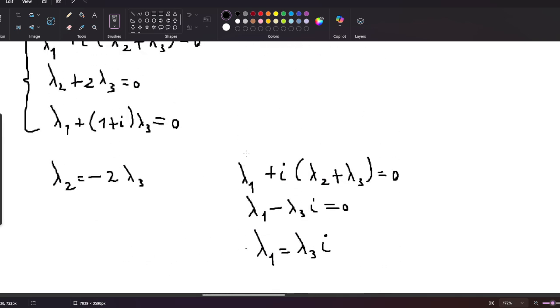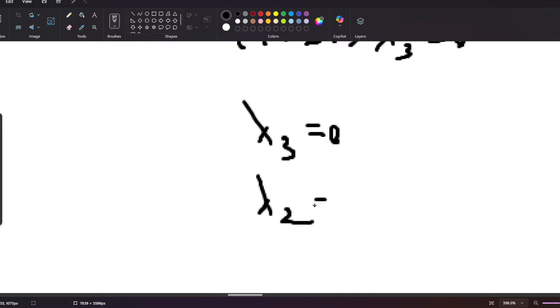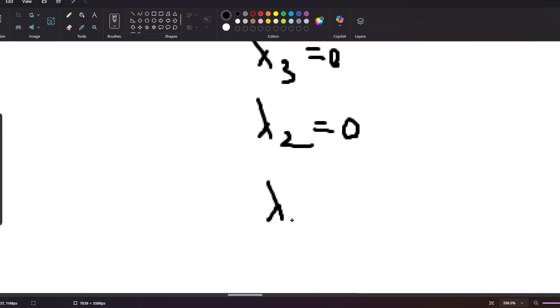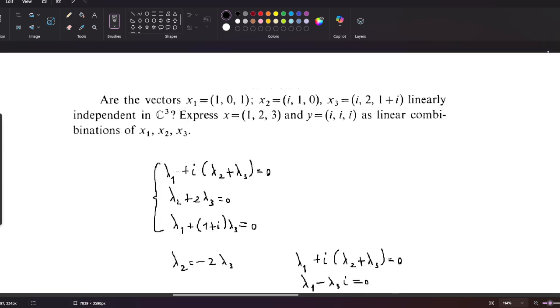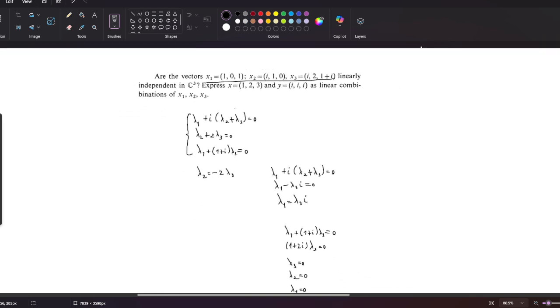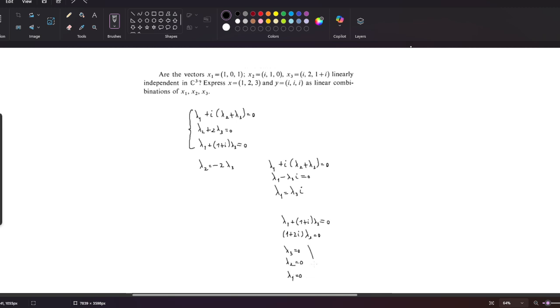And since the rest of the lambdas are just factors of it, they are also going to be 0. So we have proven that the linear combination of these vectors being equal to the zero vector implies that the coefficients are all 0, therefore it's linearly independent.